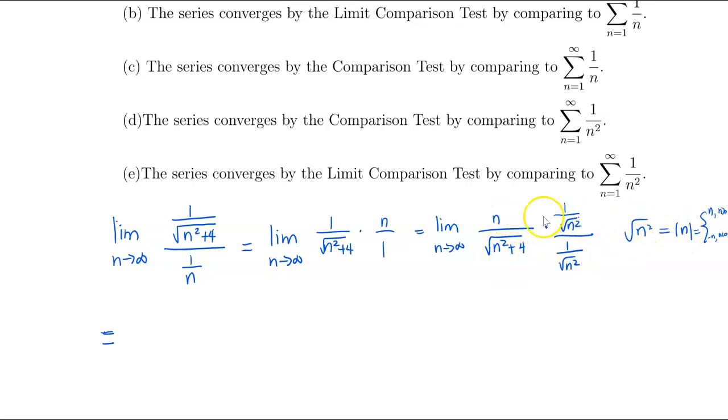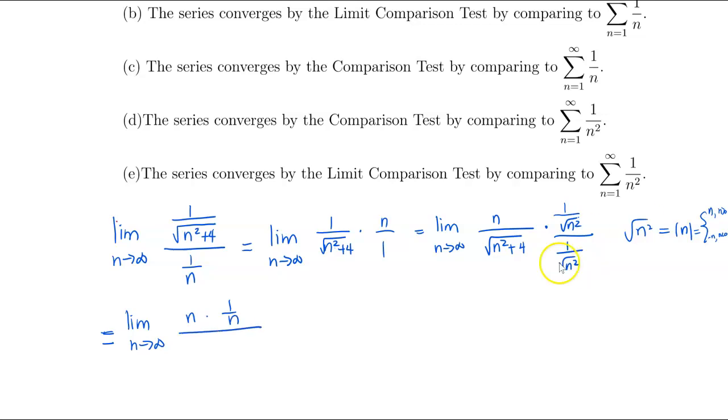So that means that here, since n is positive, because n approaches positive infinity, the square root of n squared, which is the absolute value of n, will just be n. So that numerator will just be 1. Okay, so here, n times 1 over n.